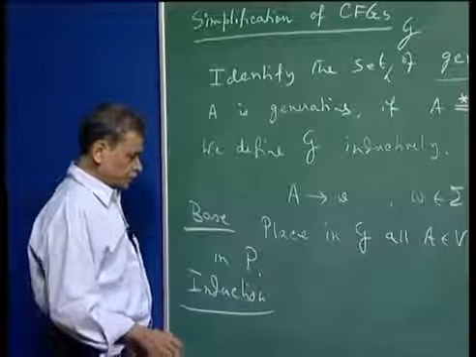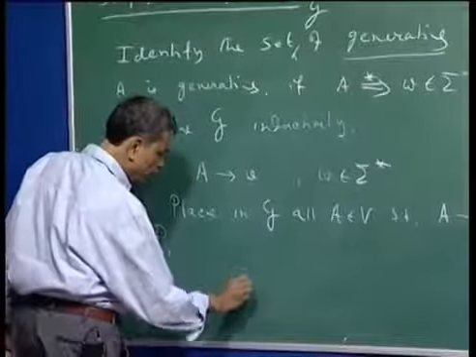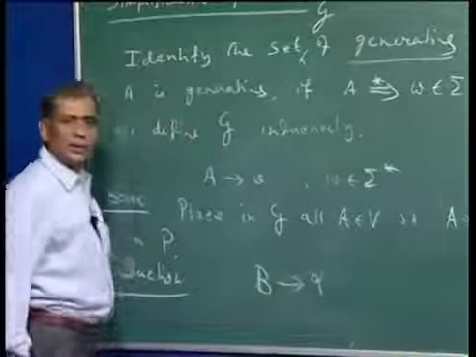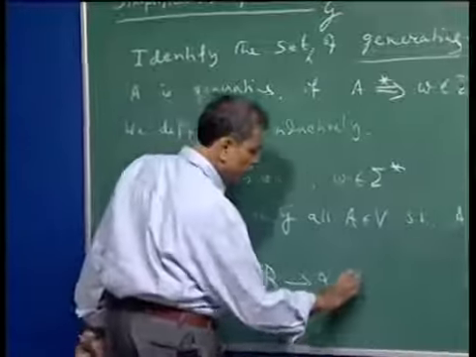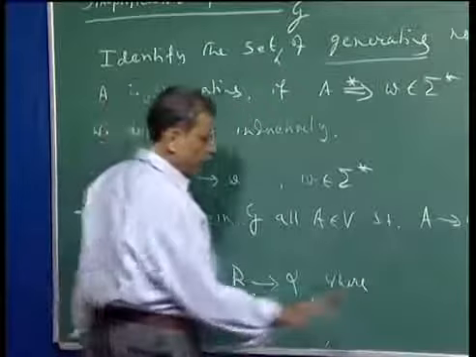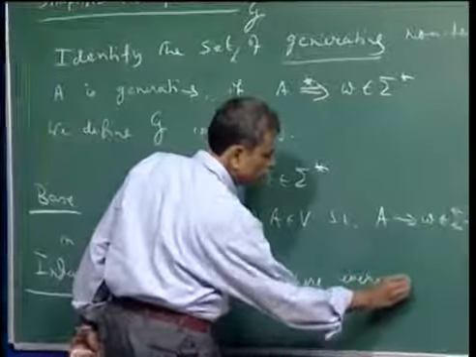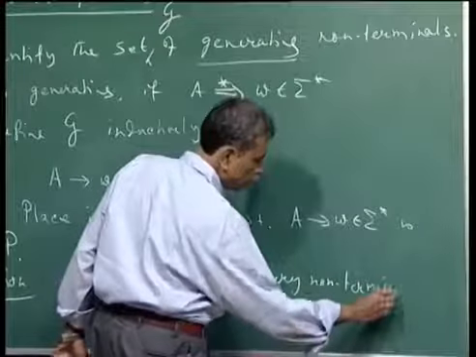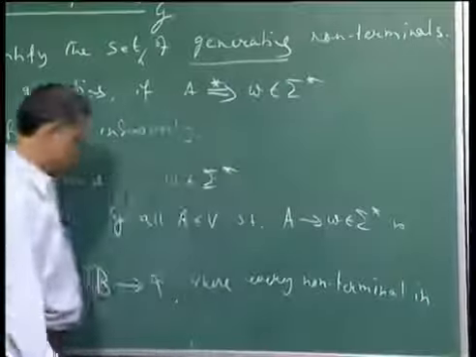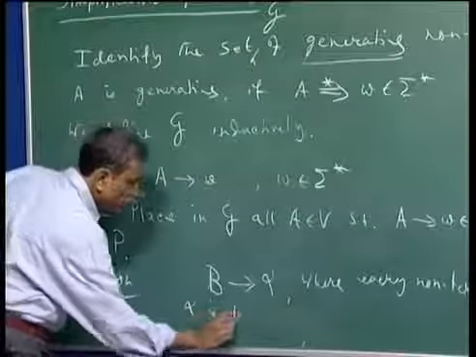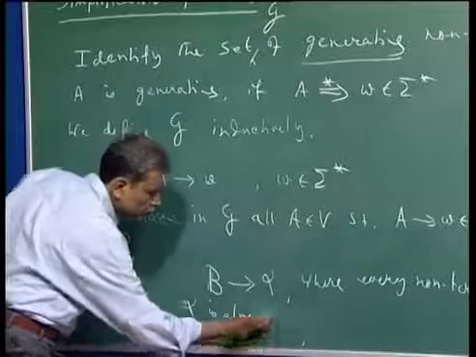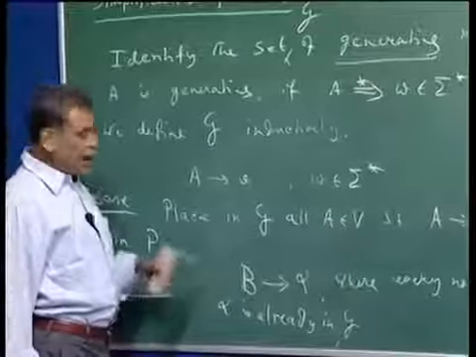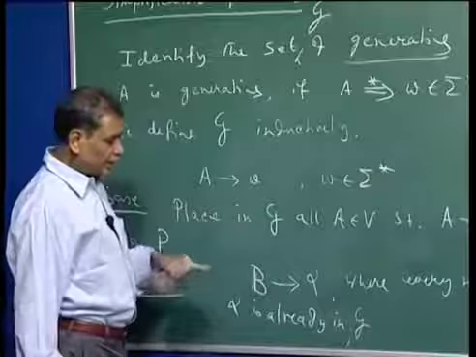For example, suppose I have a production of the kind B goes to alpha, where every non-terminal in alpha is already in G, and if B is not in G, then I should add B.